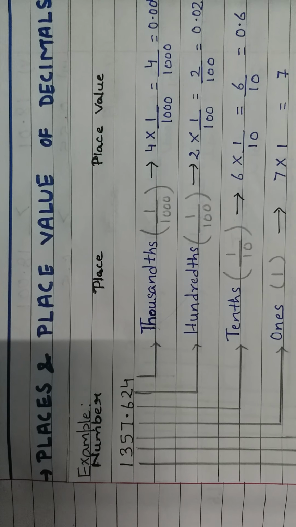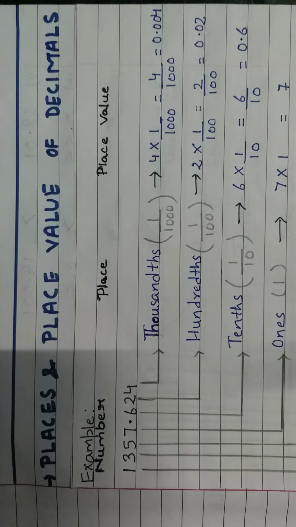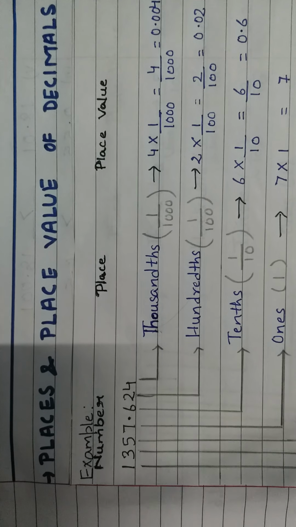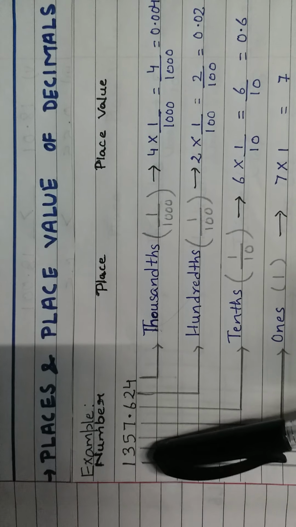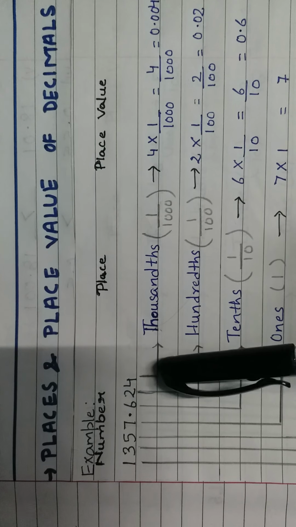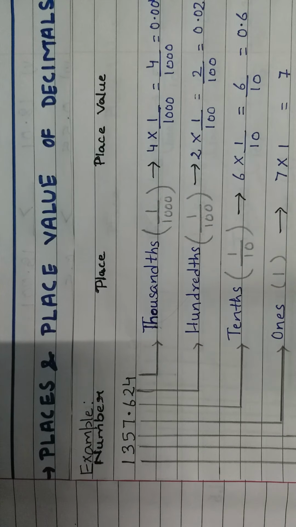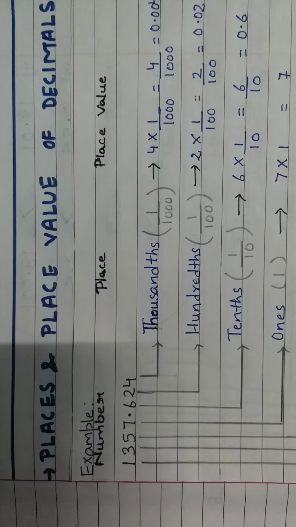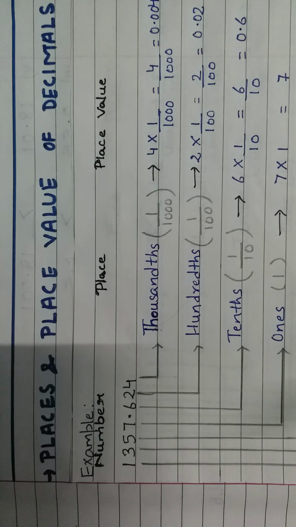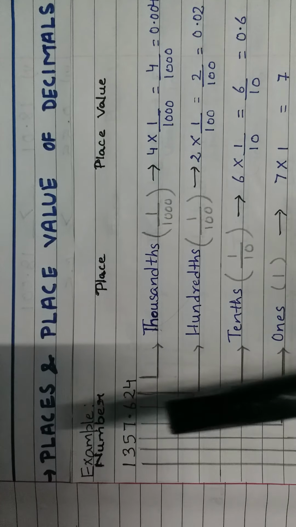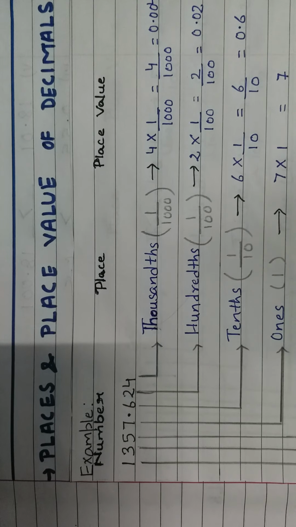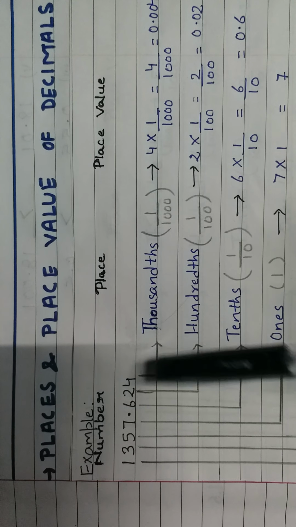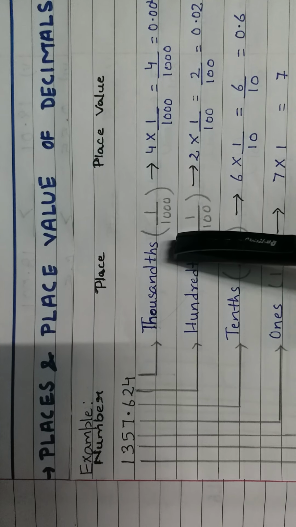Now we will see places and the place values of decimal numbers. Here we have one example. Here we have the number 1357.624. Here we will see the different places as well as the different place values of the different digits. Let's start from the right. So in the rightmost part we have 4. So the place of this digit 4 is thousandths.